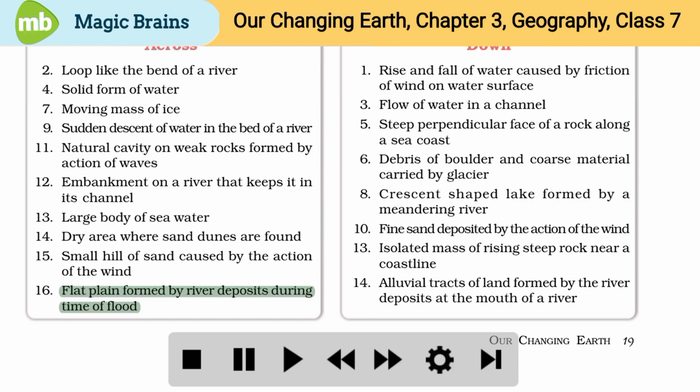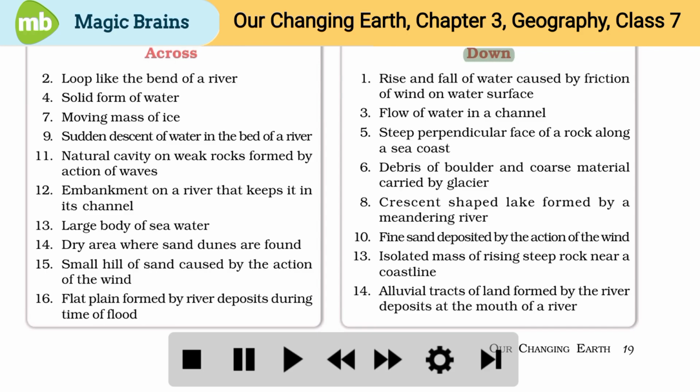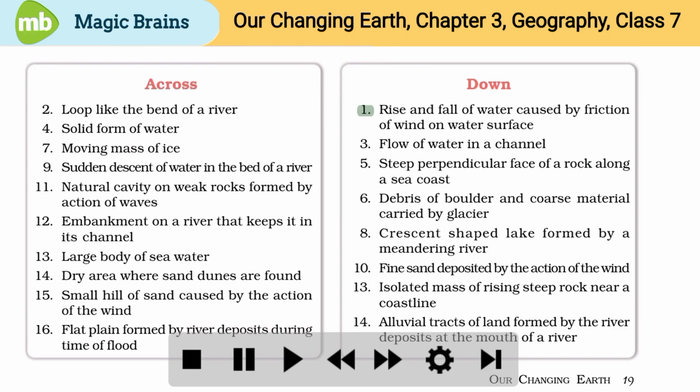The second box has the heading Down and reads 1. Rise and fall of water caused by friction of wind on water surface. 3. Flow of water in a channel. 5. Steep perpendicular face of a rock along a sea coast. 6.